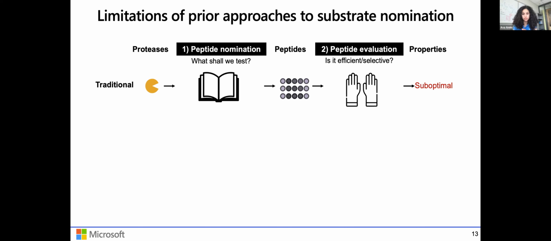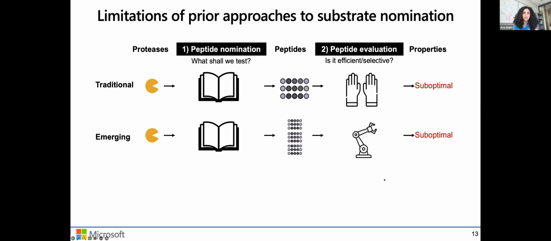expert-driven nomination approach. Conversely, in recent years, we have seen the emergence of high-throughput experimental methods like display-based strategies, for example, yeast display, phage display, mRNA display, that effectively amount to trying to screen thousands or tens of thousands of peptides in vitro and leveraging automated experimental setups to measure the activity of these substrates against target enzymes.